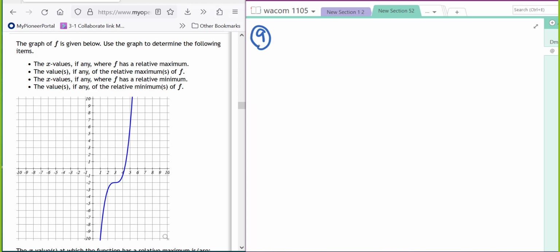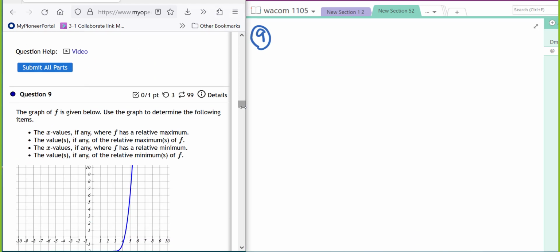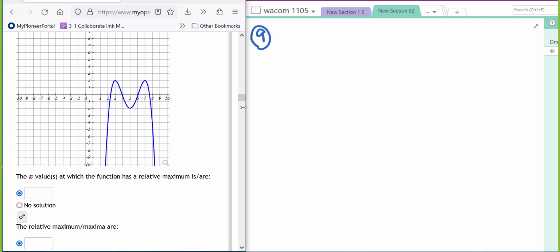It does a little curve and keeps going up. Also, this one, it's curving here, but it didn't go down below. So this one does not have a relative max or a min. So it has none. Whoops.